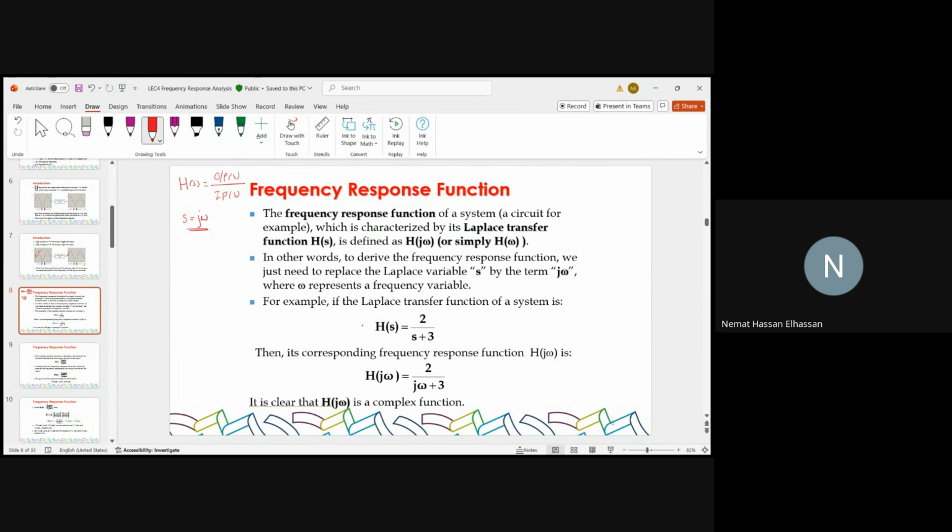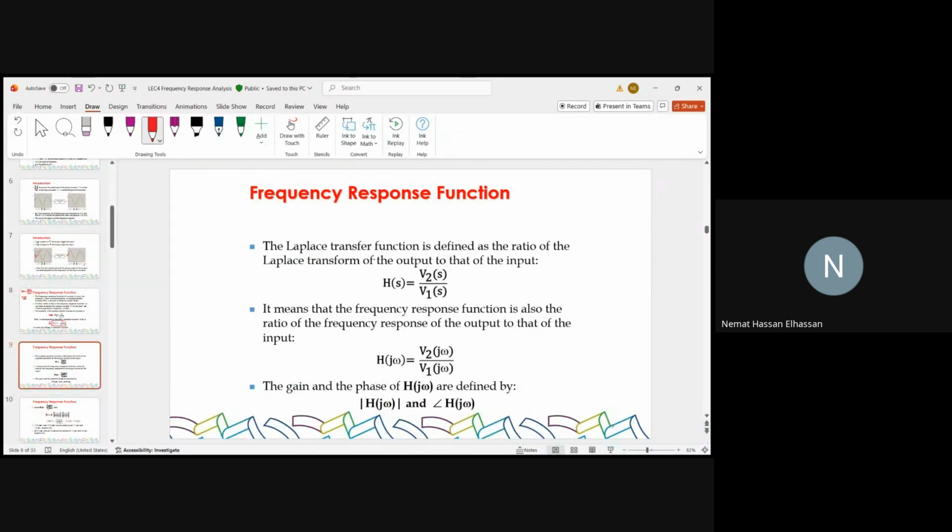For example, if we have the Laplace transfer function H(s) equal to 2 divided by s plus 3, we can easily convert s into j omega and end up with the corresponding frequency response function: H(j omega) is 2 divided by j omega plus 3. All you have to do is simply convert s to j omega, and this converts your function from a Laplace transfer function into a frequency response function.